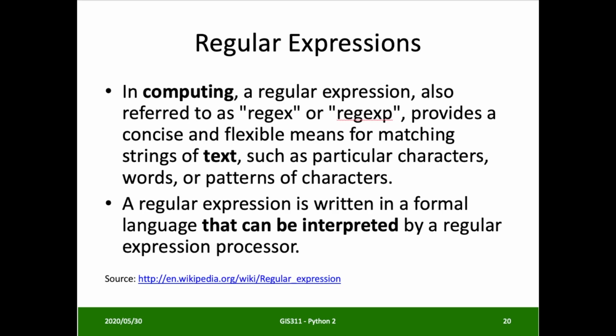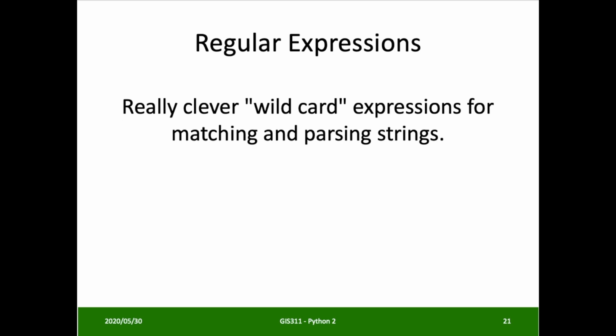Okay, so what are regular expressions? It's called RegEx or RegExp, which is a bit of text matching where you look at certain patterns. You can find this in basically any language, but we're going to focus specifically on how to do this in Python. Basically it's a more advanced way of doing a wildcard.